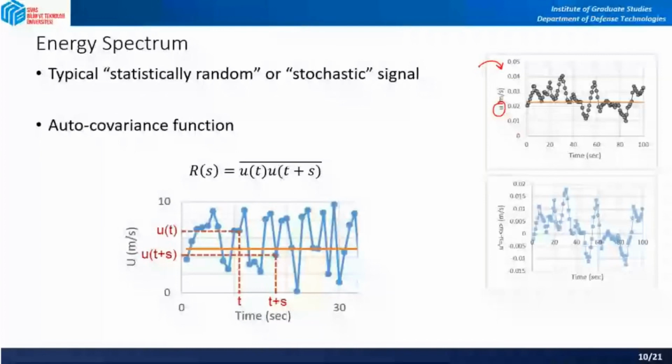The blue distribution says that even if you keep increasing your s, I mean lag, to large amounts, you still have a certain level of correlation, right? But in the orange one, if you keep increasing the lag, the correlation will be lost.